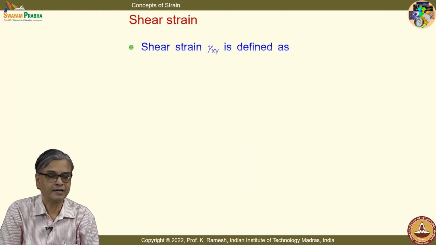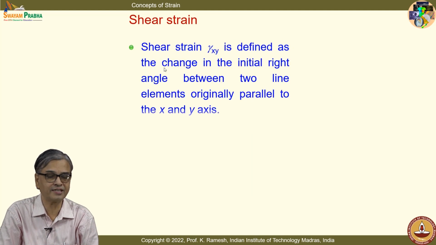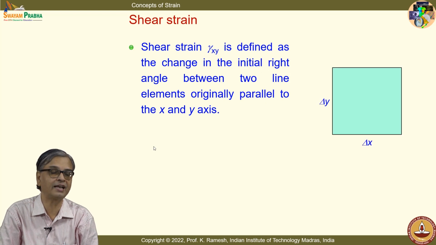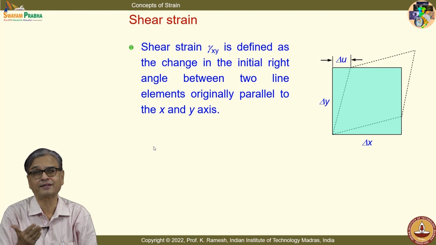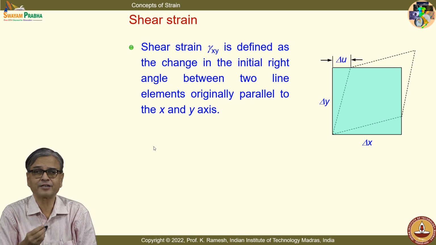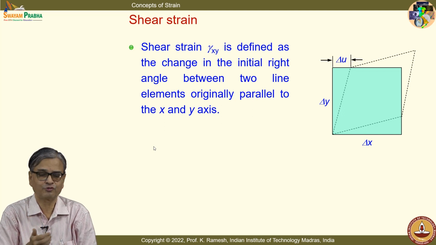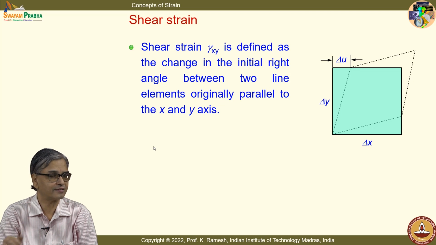Shear strain is defined as a change in the initial right angle between two line elements originally parallel to the x and y axes. For the purpose of illustration, I show these angles as very big. From your analysis perspective, these are all extremely small, less than a degree. I have shown this as maybe 20 degrees on each side, but it is less than a degree.